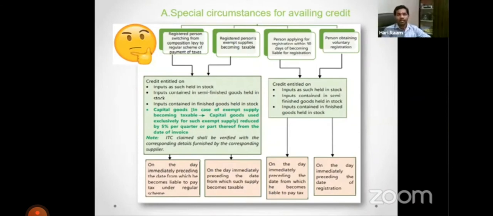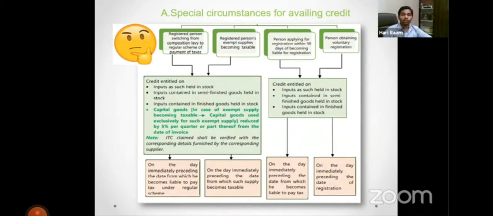Now I become either converted from composition levy to regular scheme, or a registered person supplying wholly exempt goods now supplying taxable goods. Now I am eligible to register and take tax credit, but 2 years have lapsed. Per year 4 quarters, so 2 years is 8 quarters. 8 quarters means 40% will be reduced. The balance 60% is eligible to take credit. This is explained: 5% per quarter or part thereof.